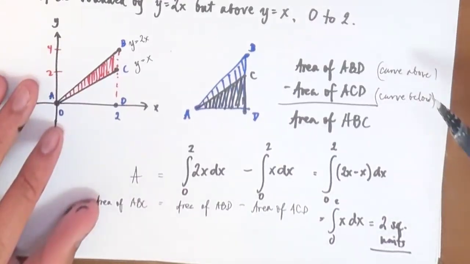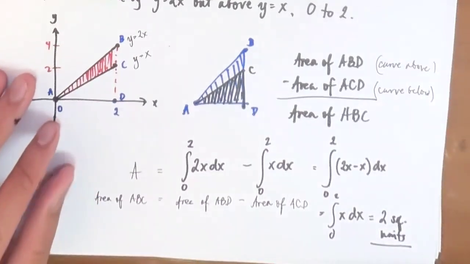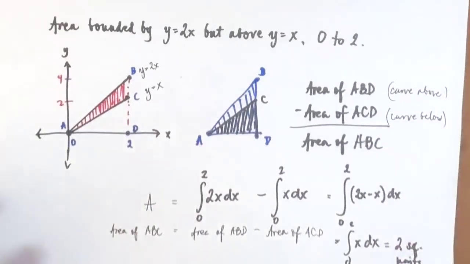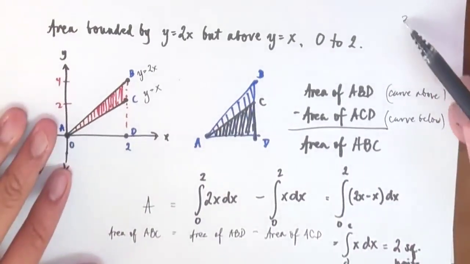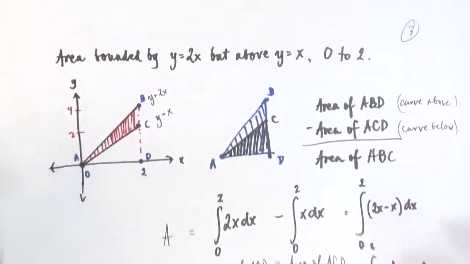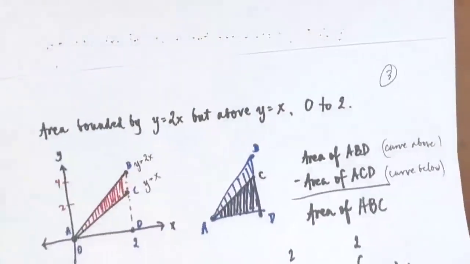As long as we know that one curve is above the other, okay? So this right here is the third concept and an important theorem. I'll write it in full.